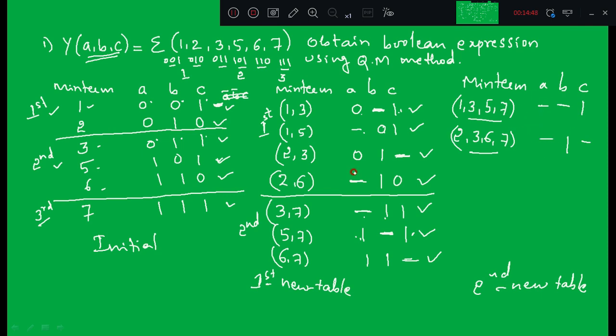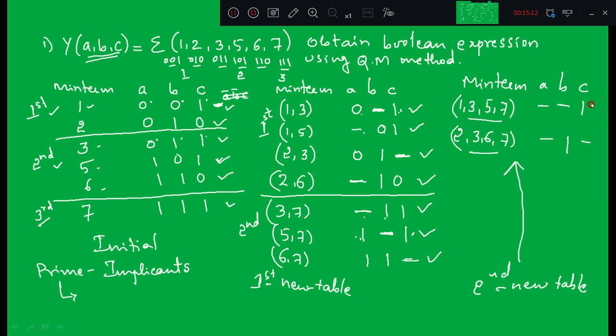So now what I have to do is write the prime implicants using my last table, my second new table. So what are the prime implicants?